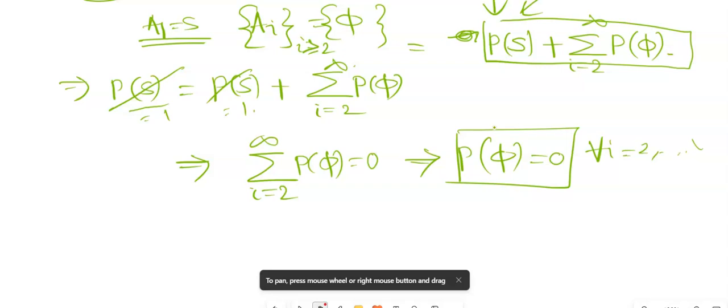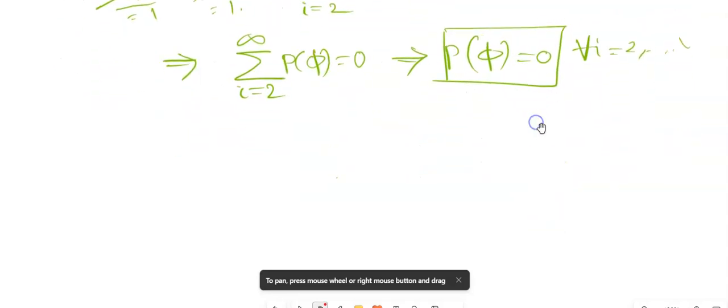Here is a note on axiom 3. In standard textbooks you will find that axiom 3 is stated for a countably infinite collection of mutually exclusive events.